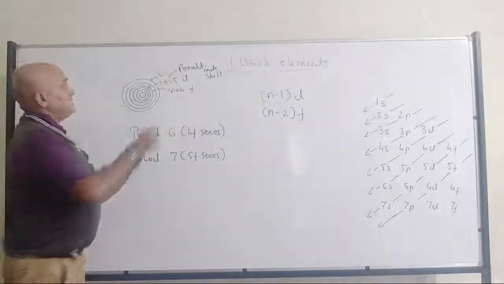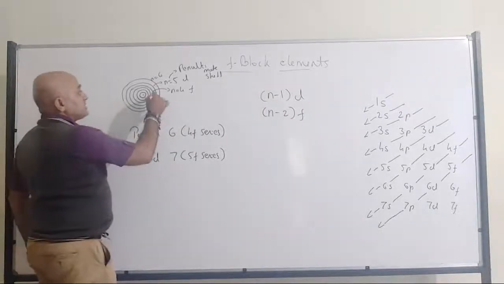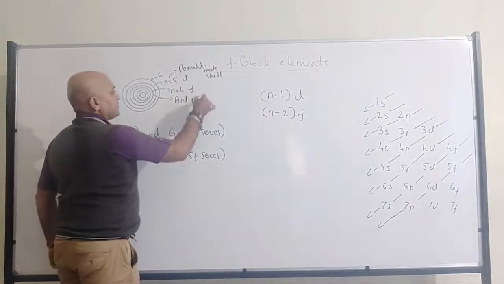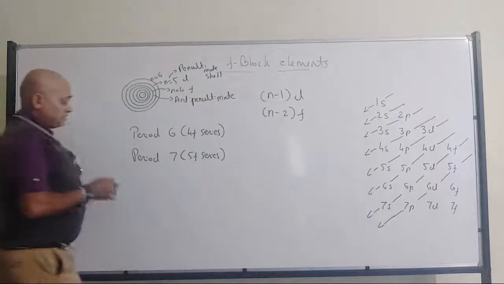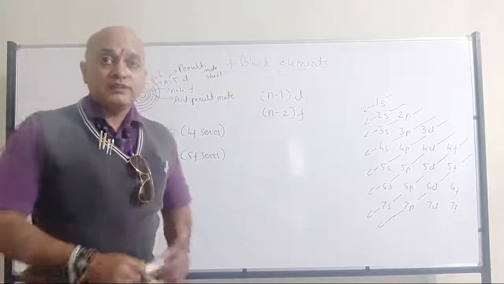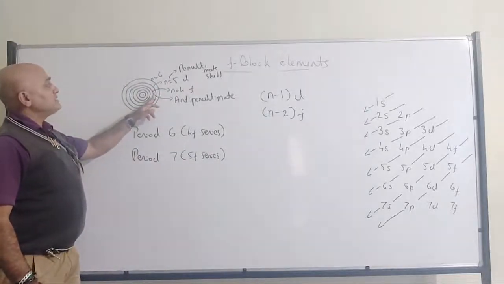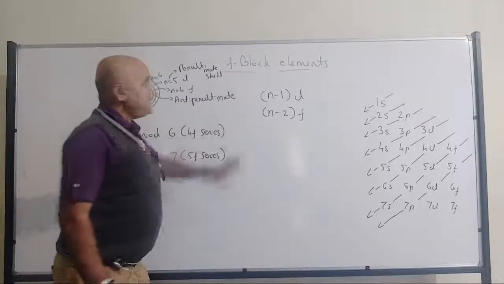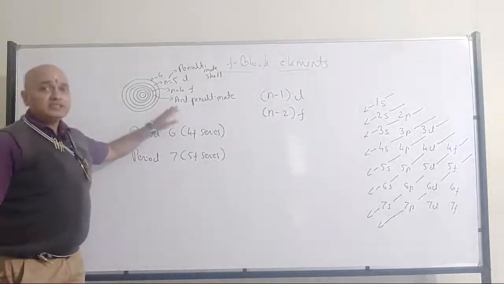Now this is called the anti-penultimate shell, which means last but two. From the outermost, if you move inside to the third energy level, it is called the anti-penultimate shell. So that's where we have the terminologies.